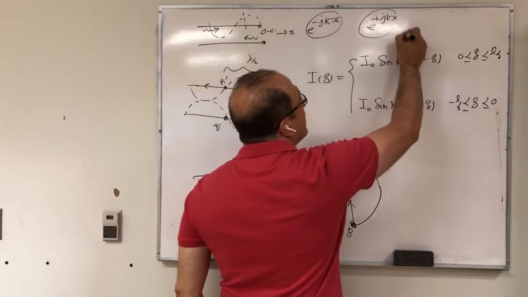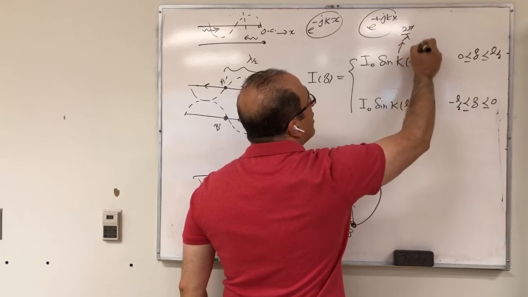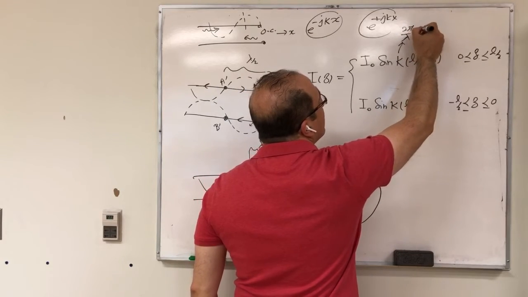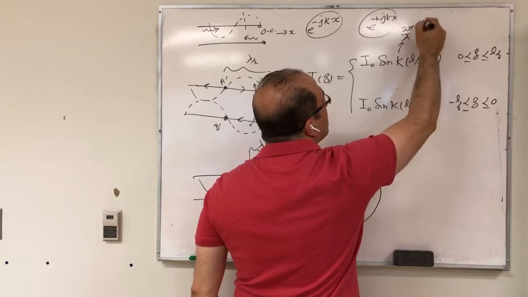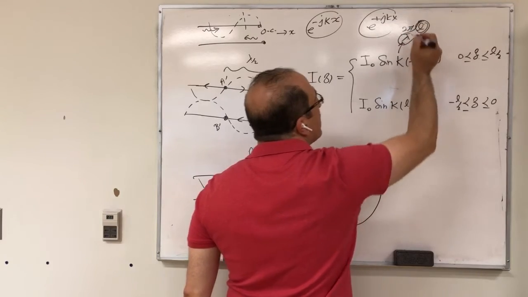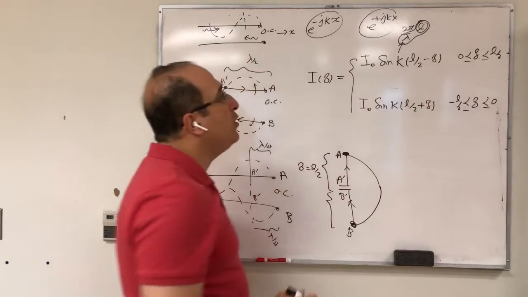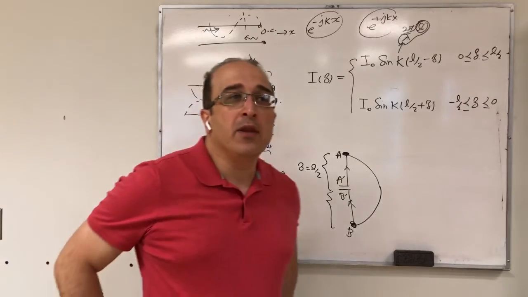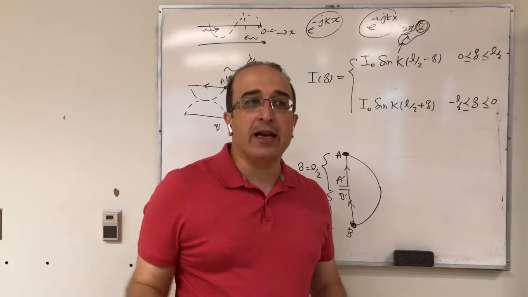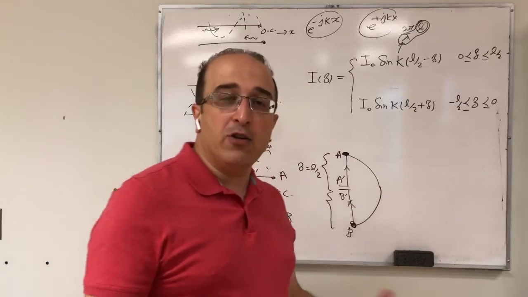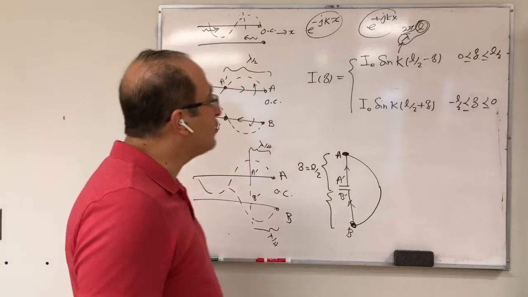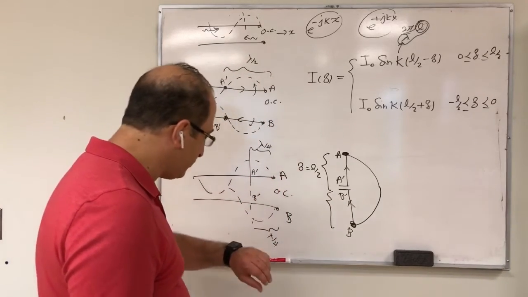Remember, k is 2 pi over lambda. So here you have an L that's going to be multiplied by that. If L divided by lambda is small, you can approximate sine of x by x, and you can carry on, and you get to your triangular current distribution.